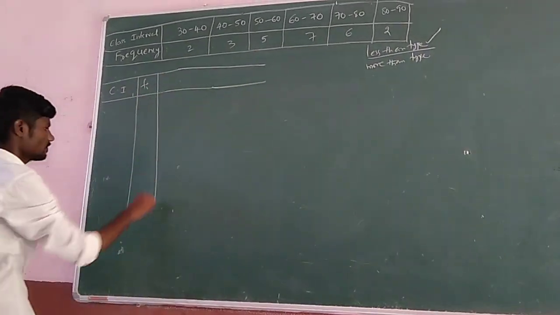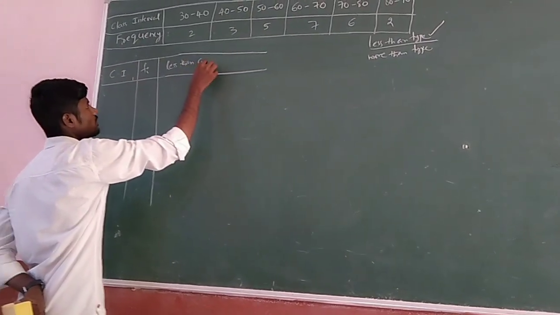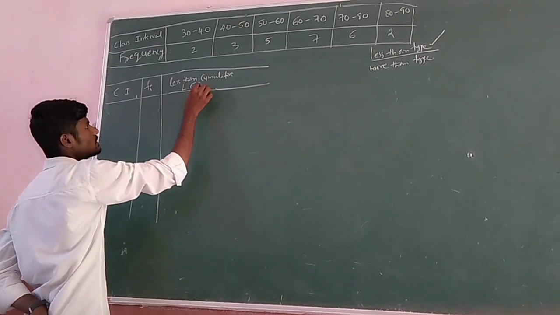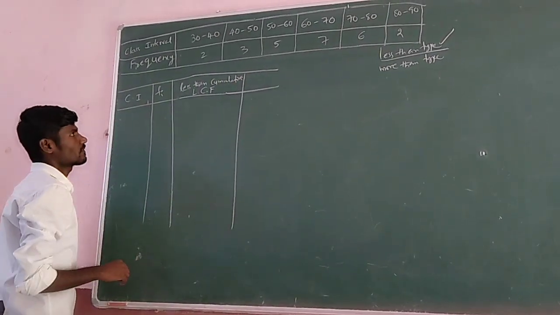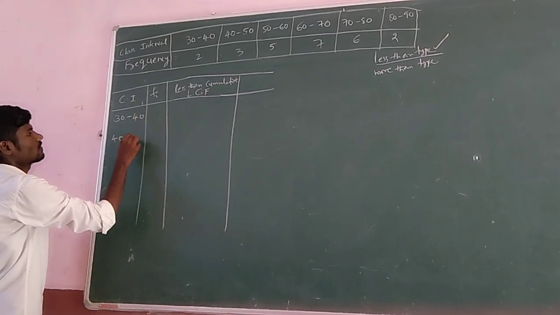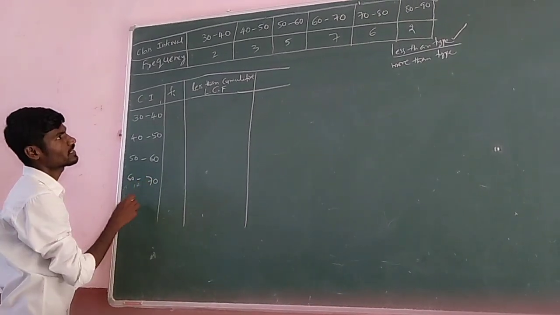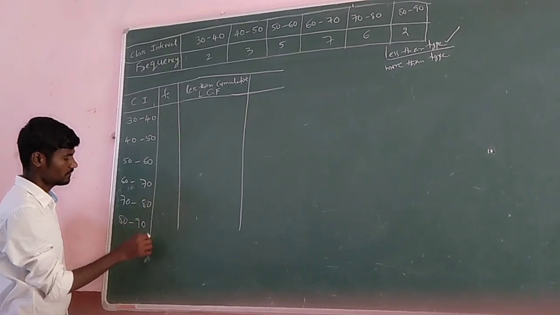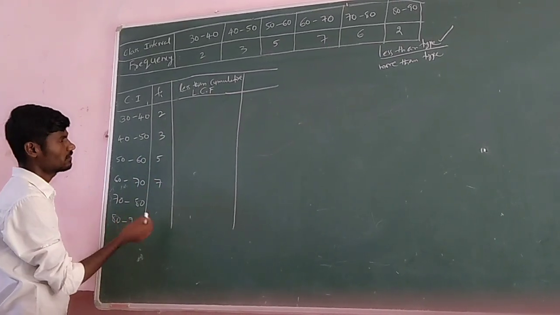To find it, write less than type cumulative frequency, or simply less than cumulative frequency, LCF. So first write the class intervals: 30-40, 40-50, 50-60, 60-70, 70-80, and the last one is 80-90. The frequencies given are 2, 3, 5, 7, 6 and 2.